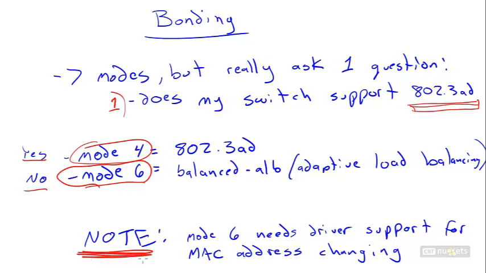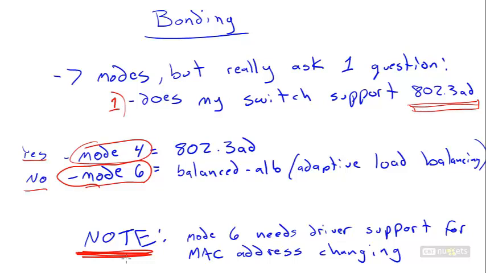The only note to make here is that mode 6 does need your Linux driver for your Ethernet card to support MAC address changing. Almost every card that is compatible with Linux is going to have the ability for the kernel to change the MAC address on it. The best way to know this is to set up bonding, and if it just doesn't work, then you know that there's something wrong with your Ethernet card, but chances are it's going to work.